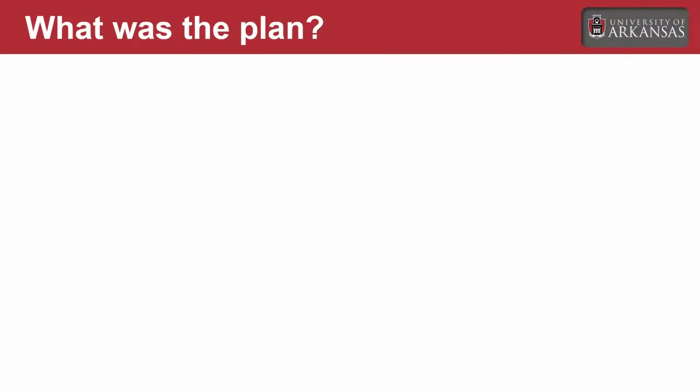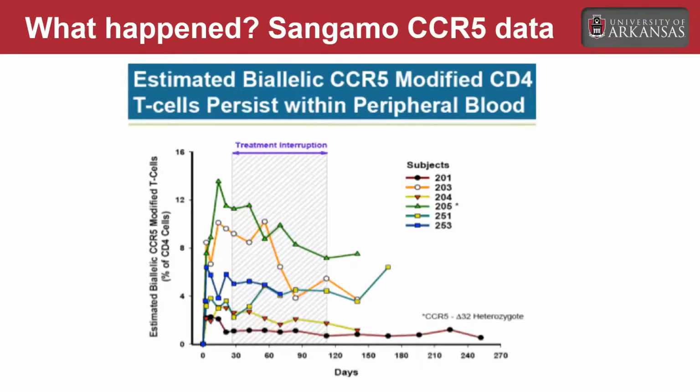We take bone marrow cells out of patients, fix, or in this case, break the CCR5 gene, and then reinfuse those to see what happens. This company called Sangamo is doing just this, and this is a snippet from their clinical trial result.